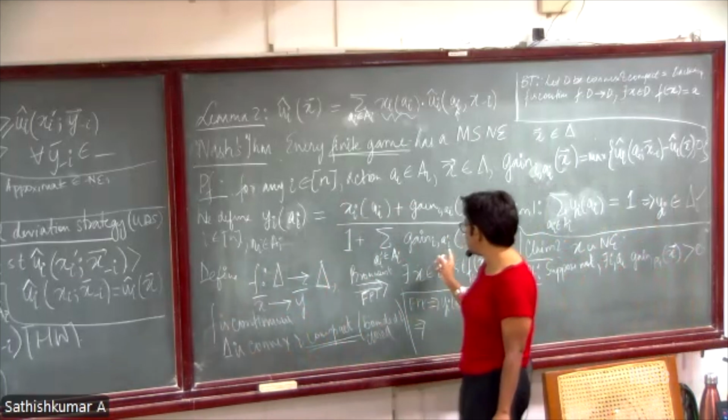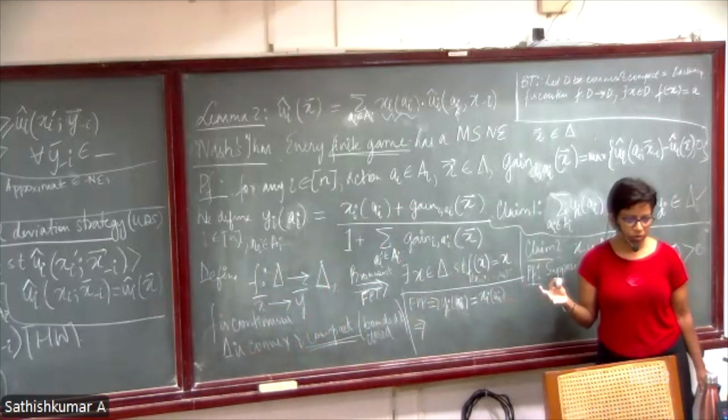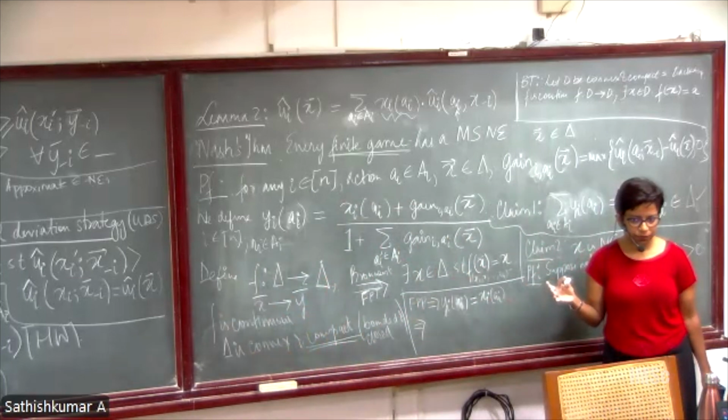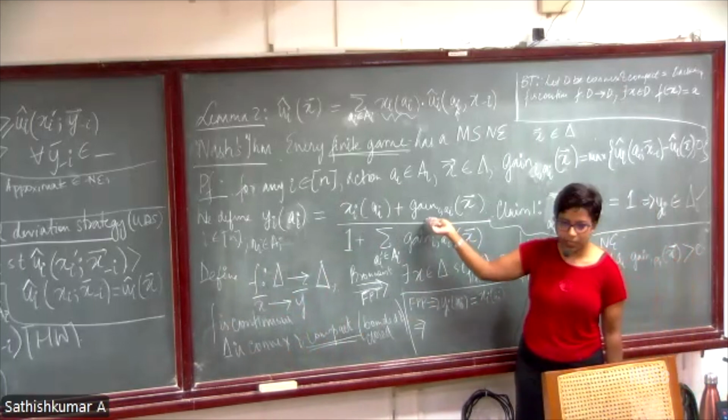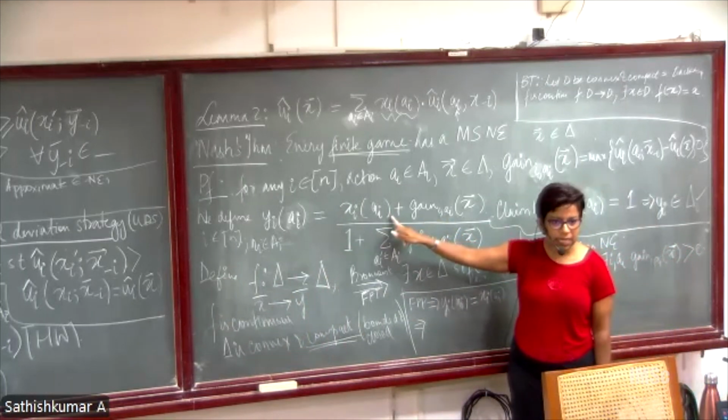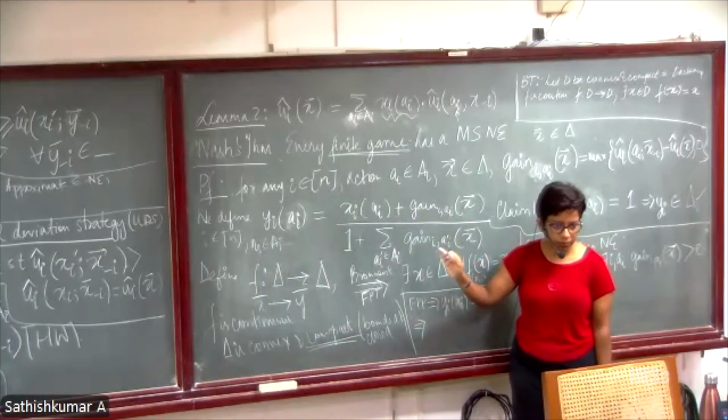But I don't know whether x is a Nash equilibrium or not. So let's just look at this quantity, and let's say xi ai is actually 0.